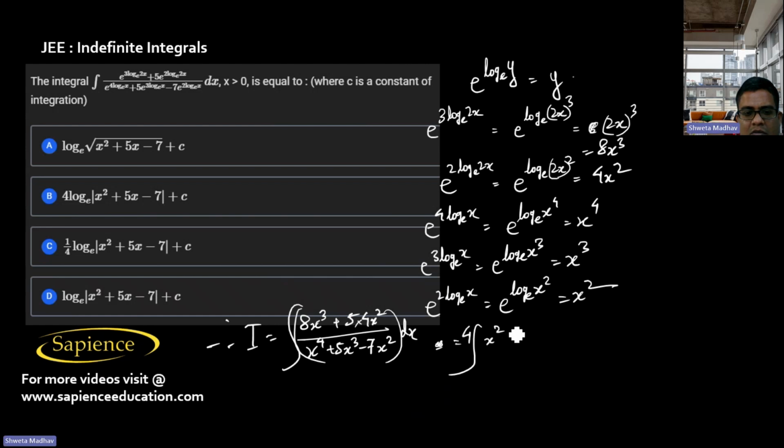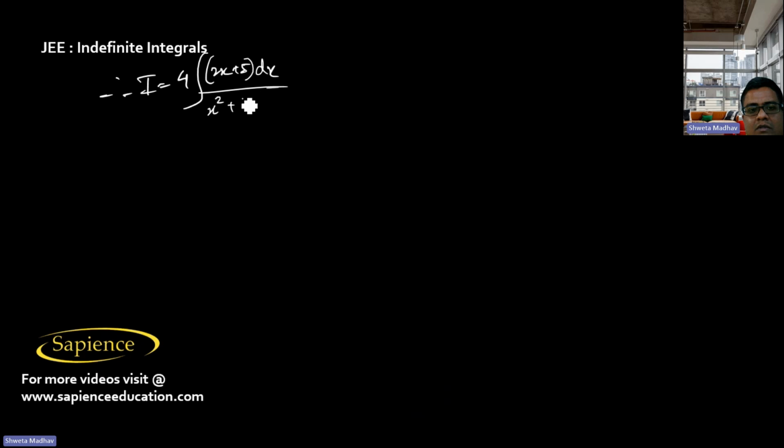So 4x square into (2x plus 5) dx divided by x square into (x square plus 5x minus 7). So x square will cancel. So the integral is nothing but 4 into integral (2x plus 5) dx by (x square plus 5x minus 7).